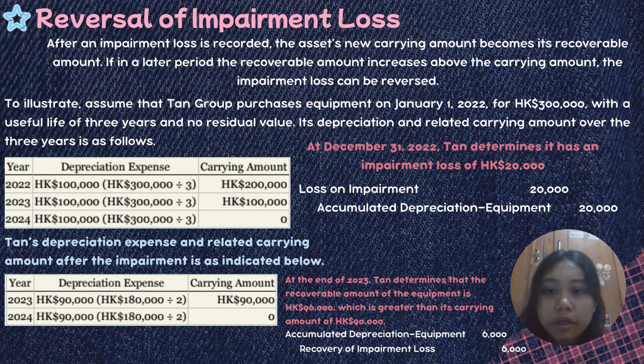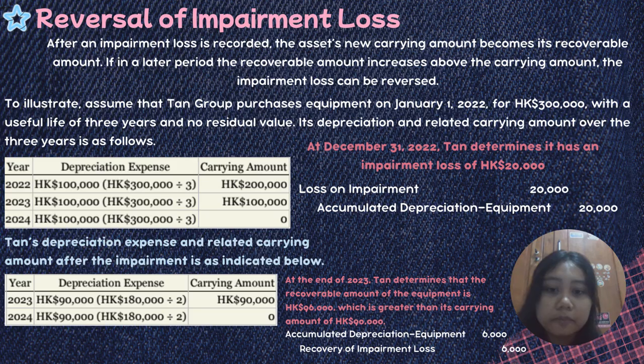Okay, the next is the depreciation expense and related carrying amount after the impairment, as indicated below. After we know that we have a loss of $20,000, we take $200,000 minus $20,000.